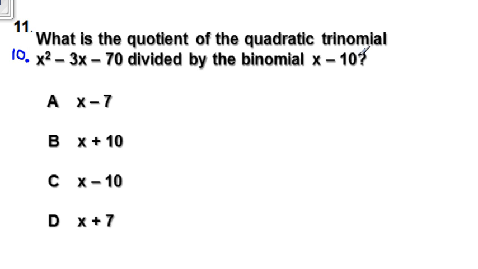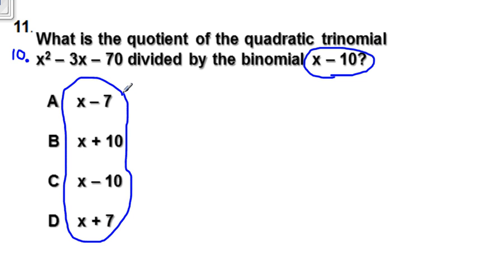But one thing that works really well, if you're not too well initiated with division, is if you take this and multiply it by these binomial factors, you find out which one of these binomial factors gives you this quadratic trinomial x squared minus 3x minus 70.